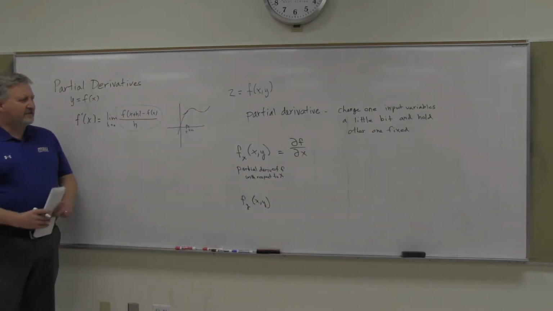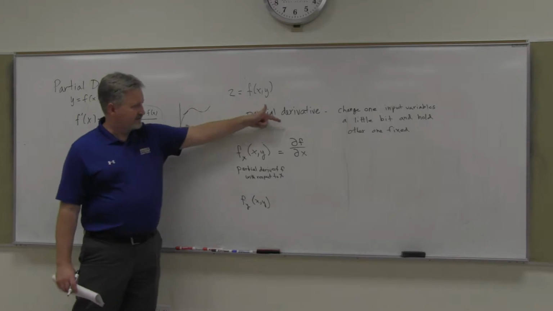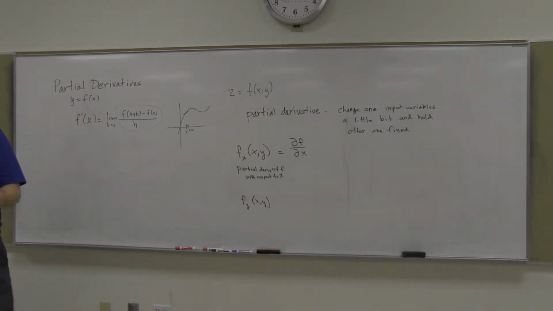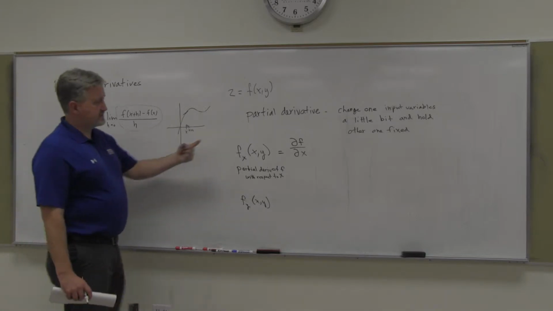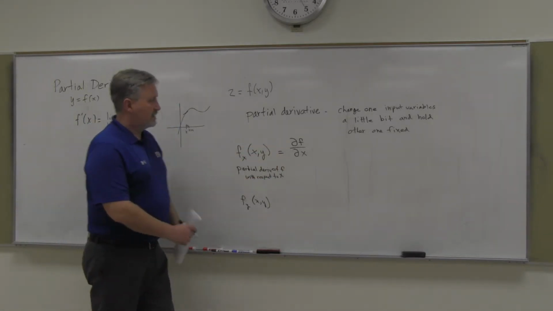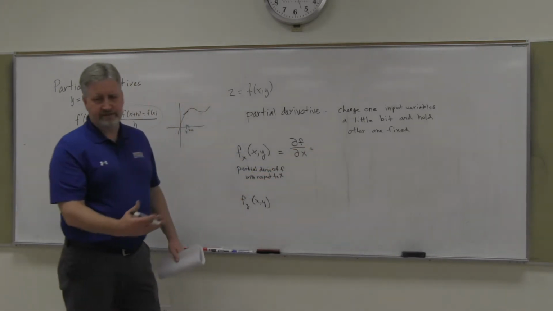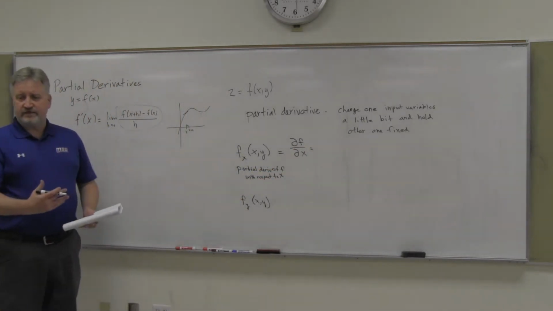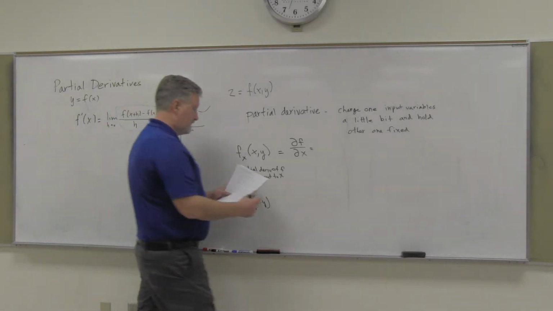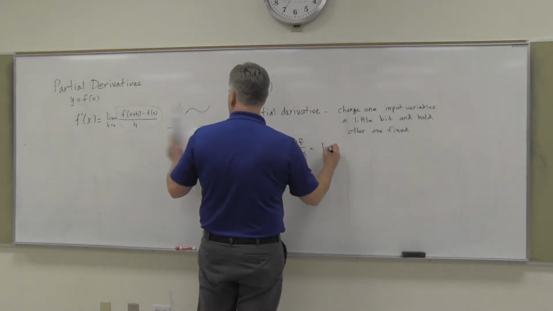Instead of a d, we're going to use this little symbol here. It looks kind of like a backwards 6. That's going to denote a partial. So this is another way to denote a partial of f with respect to x. And what it means, of course, is in this case we're changing x a little bit.